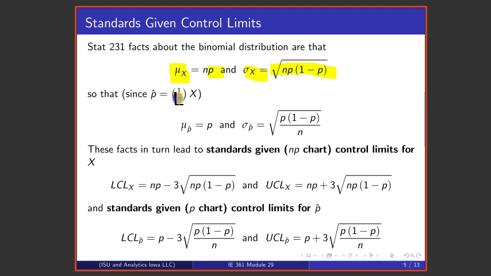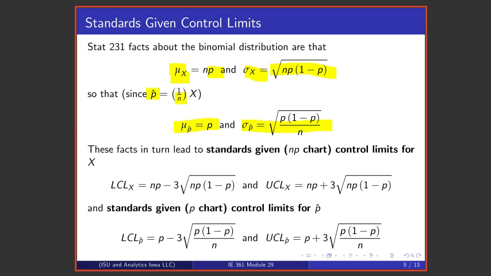That means if one divides a binomial variable by n to make p hat, the mean and the standard deviation for x get turned into the mean and standard deviation for p hat by division by n. That produces a mean of p hat being p, and a standard deviation for p hat being the square root of p times 1 minus p over n.